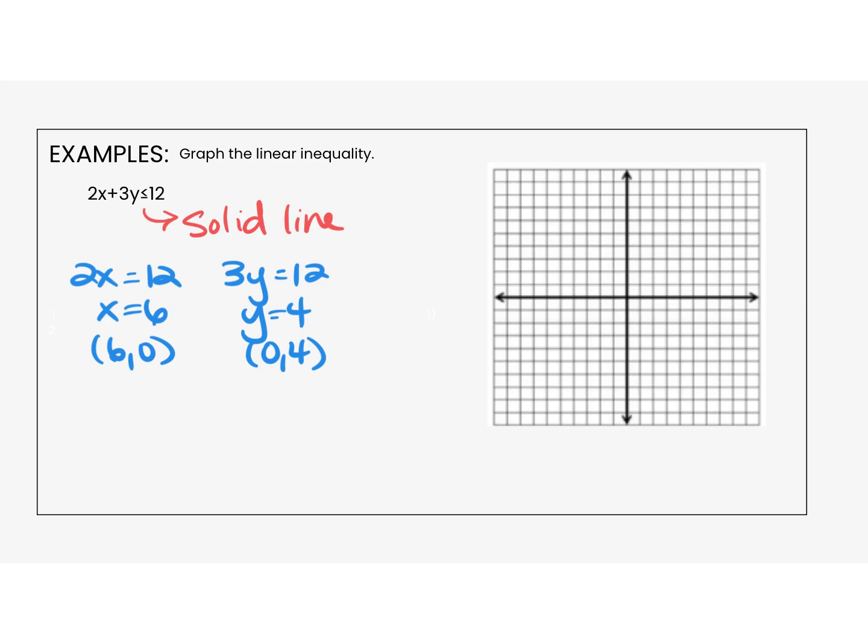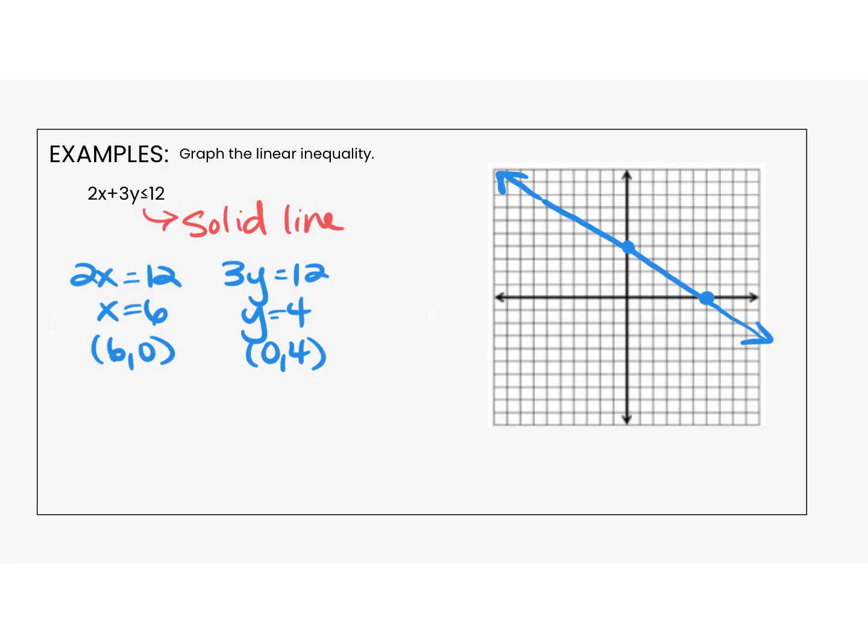Okay, so I'm going to graph these points. And then when I connect them, this time I get to use a solid line because again, it's that less than or equal to. Okay, so my line should look something like that.